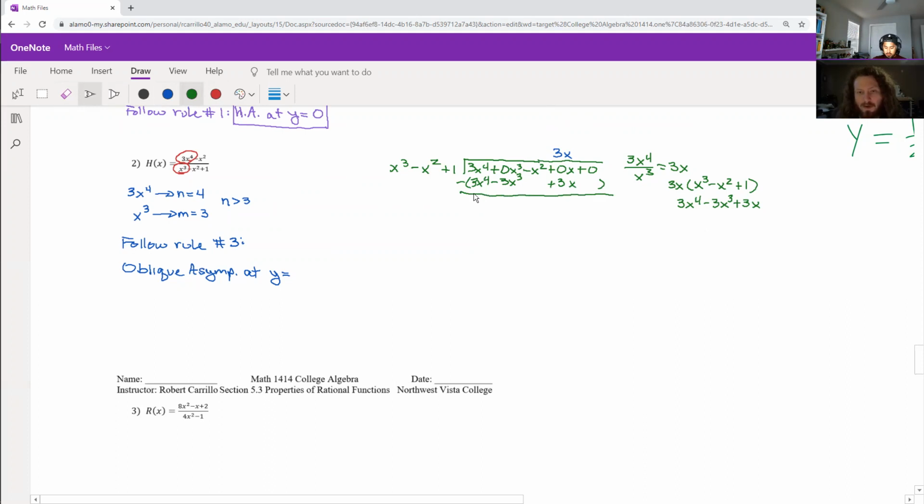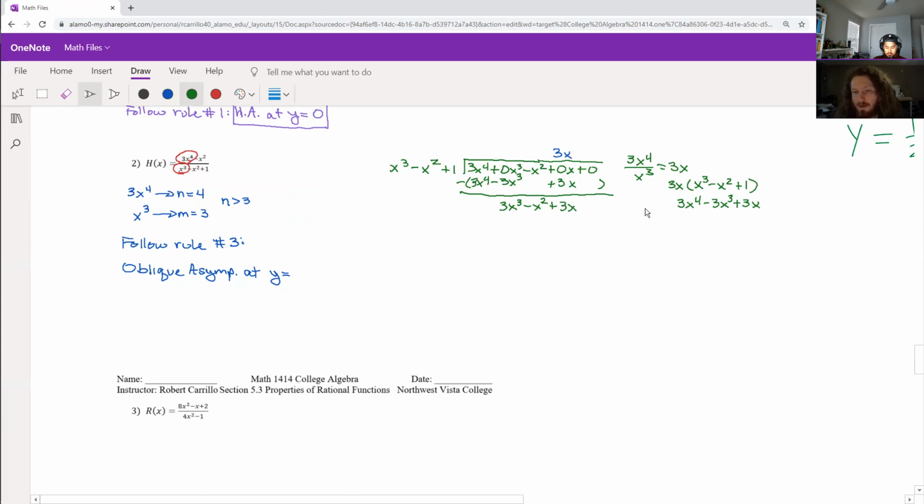All right, so bring everything down. This becomes 0, 3x to the 4th minus 3x to the 4th. 0 minus a negative plus 3x cubed minus x squared plus 3x.